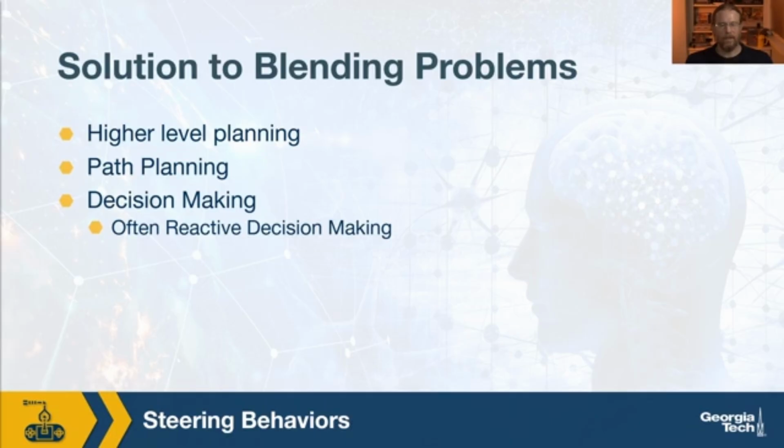So what you need is higher level planning. This could be in the form of path planning, but probably also some form of higher level decision making, like a reactive decision making strategy, such as maybe using a finite state machine, perhaps, or decision trees, rule-based systems.